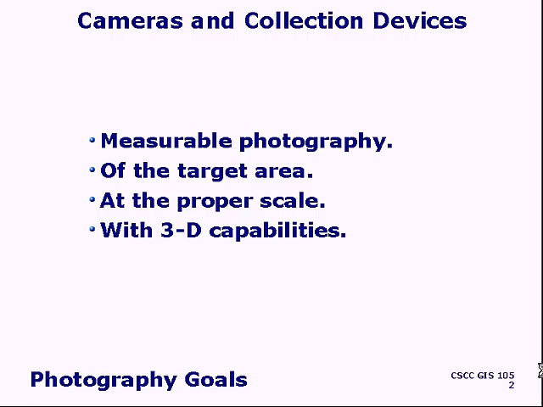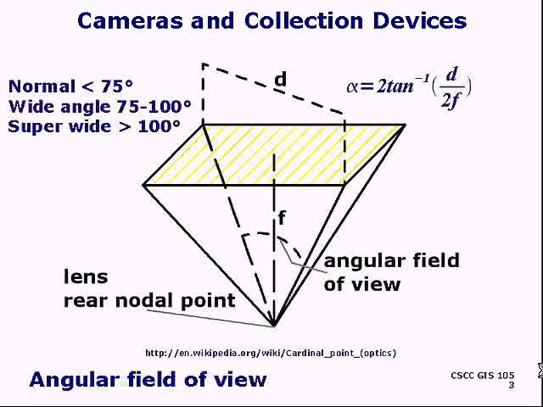The camera systems themselves, and in particular the film-based camera systems, are classified into one of three classifications, something dealing specifically with the angular field of view. Before we do that though, let me explain this illustration, because we're going to see a lot of illustrations like this, similar from different angles, different labeling.